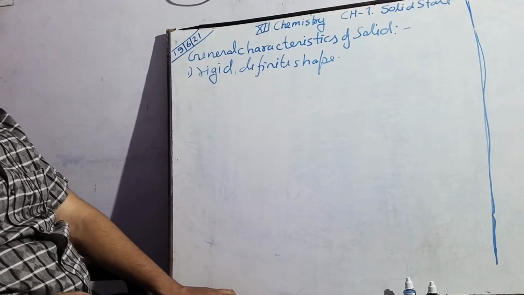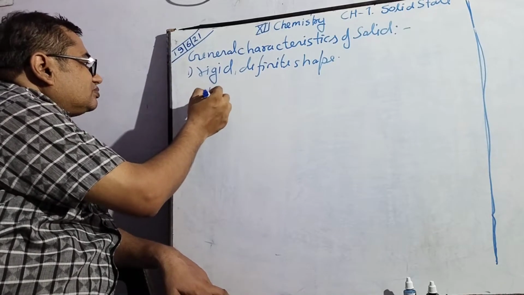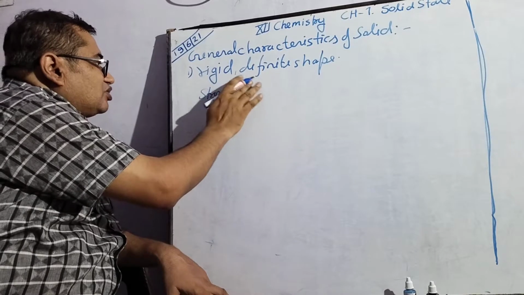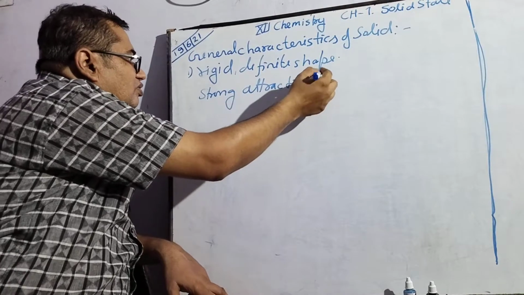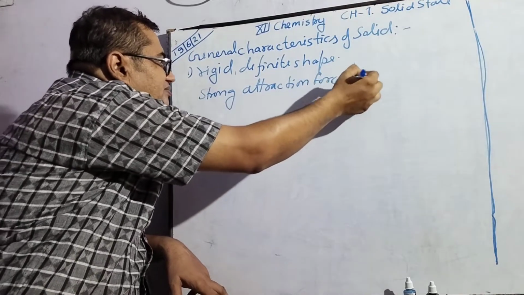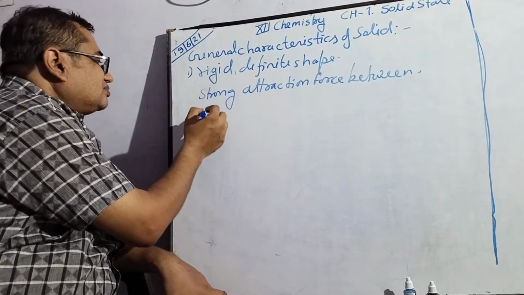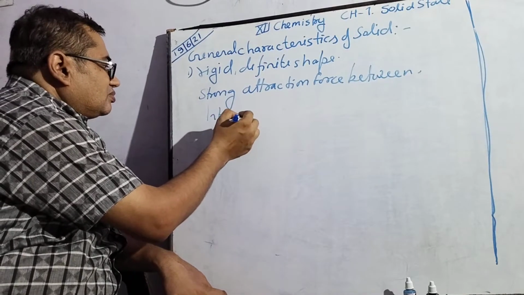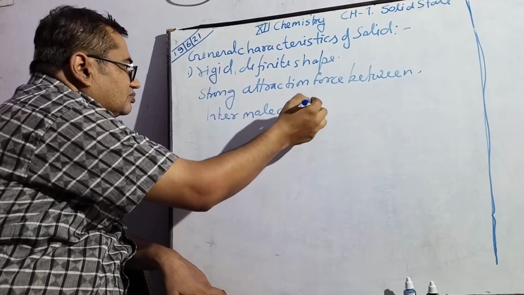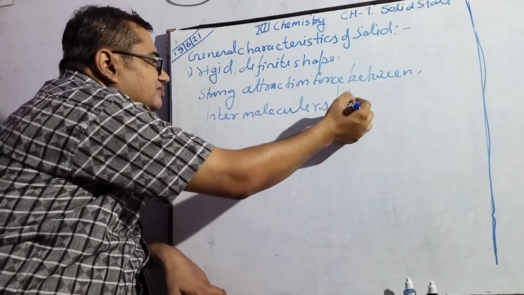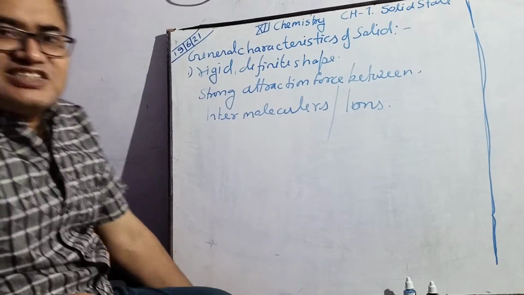It is due to the strong attraction force between intermolecular particles, molecules or ions. This is the first reason for the rigidity of solids.